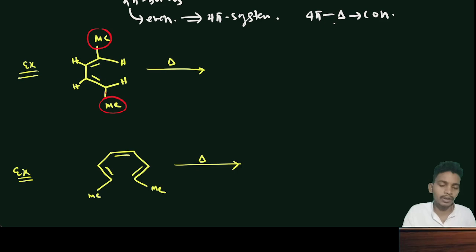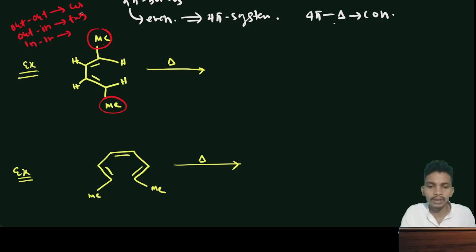So just look only at methyl. Out-out is going to be cis, out-in is going to be trans, and in-in is again going to be cis. So here both are out, so that is going to be a cis.